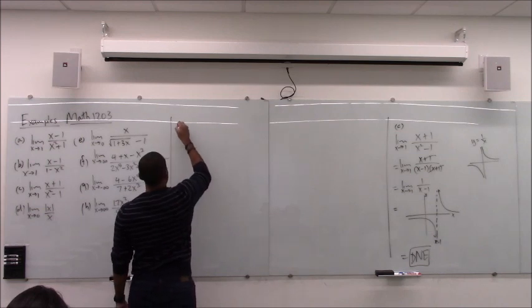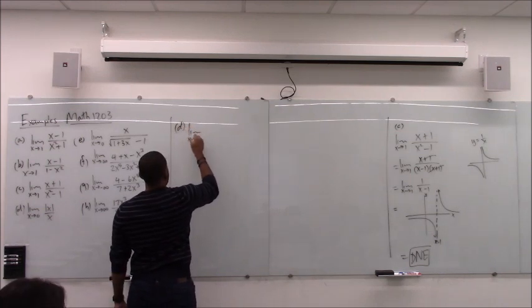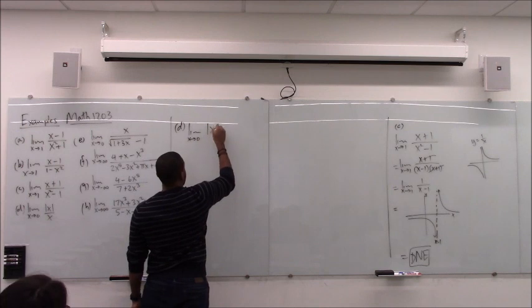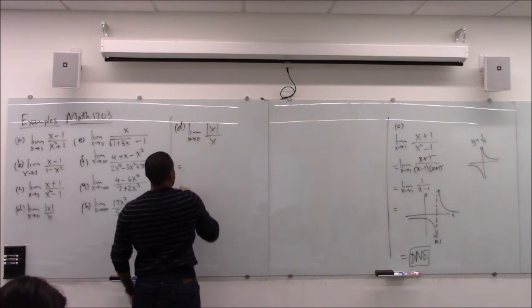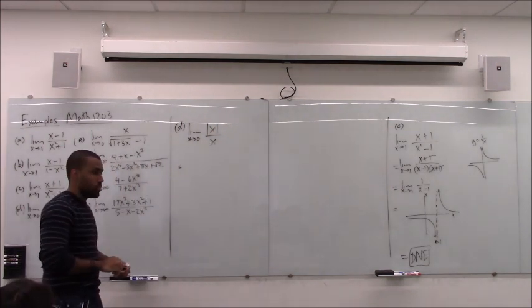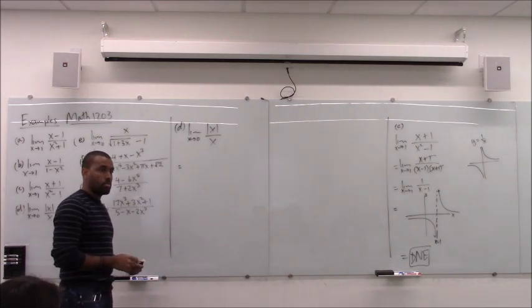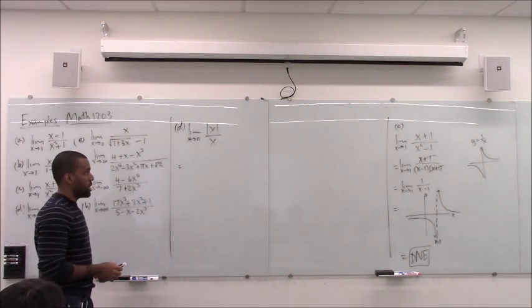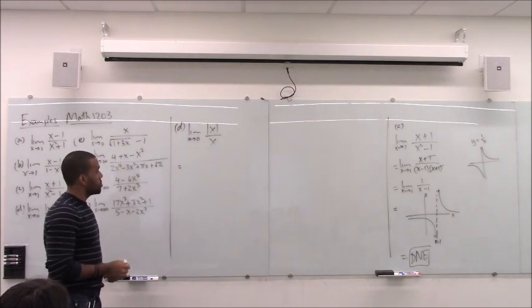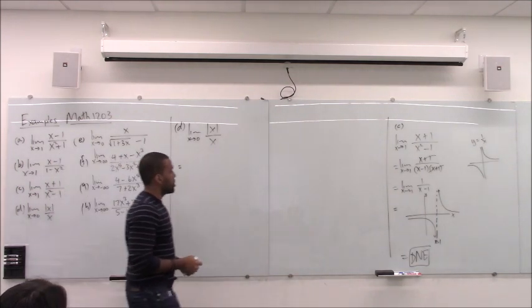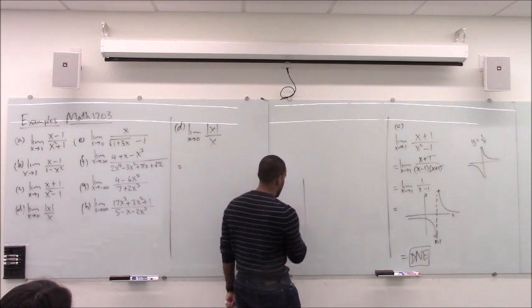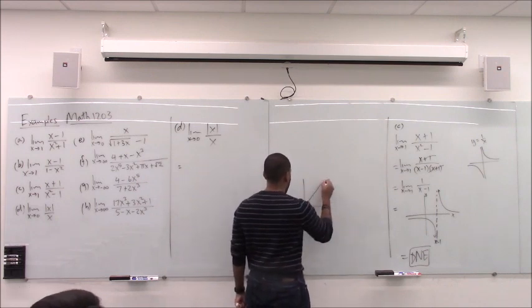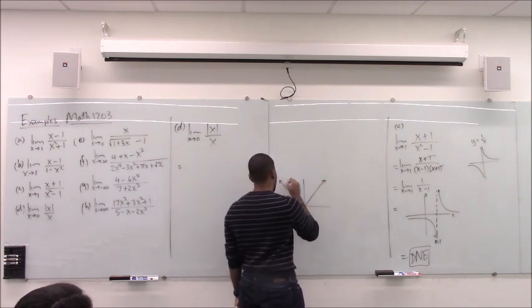D. Here, draw the graph. What does the graph look like? Like the V. Which graph?